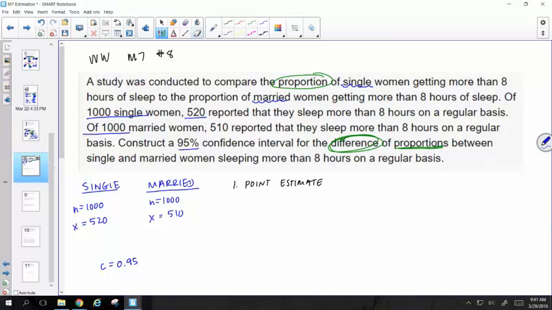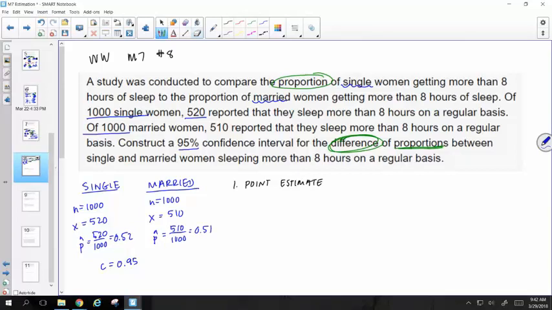What's the point estimate? X divided by n makes point estimates for each of these populations. So we'd have a p hat here, 520 divided by 1,000 is 0.52. And a p hat here for married, 510 divided by 1,000, which is 0.51.